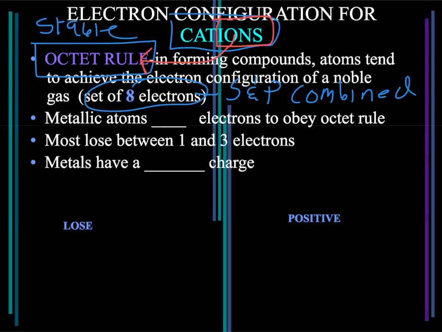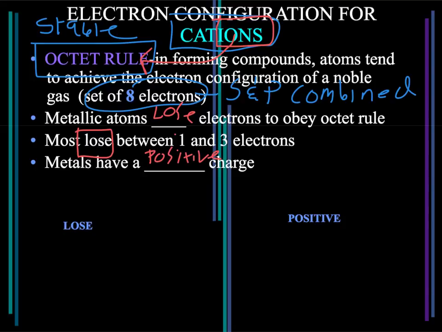And so with cations, they are going to be losing between 1 and 3 electrons. And I'll show you more about that in 1 second. But metallic atoms, well, we already said it, lose electrons to obey the octet rule, and then they gain a positive charge.